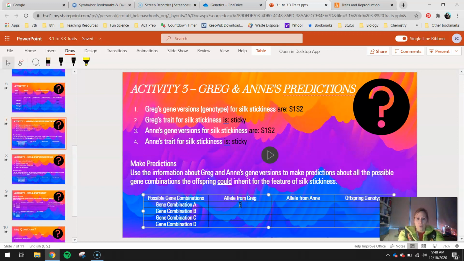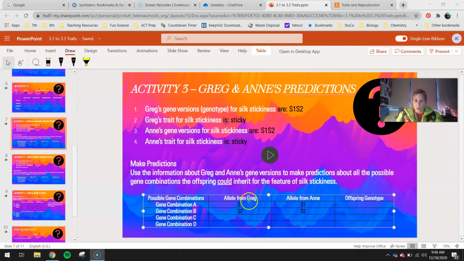So Greg can either pass down an S1, or he could pass down an S2, and Anne, on the other hand, could pass down the same thing, either an S1 or an S2. But are those the only combinations of genes they could pass down? So could Greg pass down another S1, but Anne, instead of passing down an S1 as well, could pass down an S2, okay?